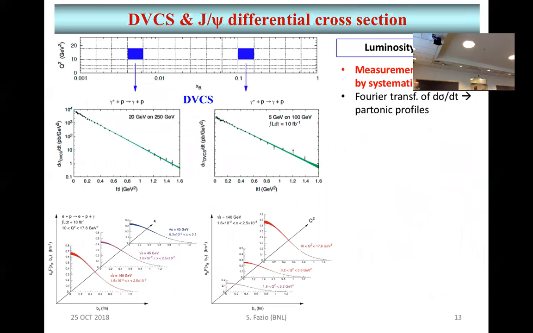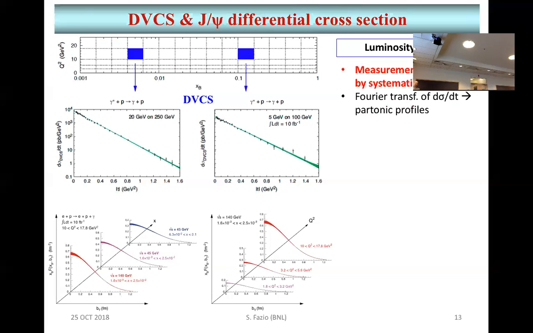But here you really see the greatness of an EIC measurement. So here are two bins, one at low x and one at larger x, Q² larger than 10. And here, these are very precise measurements that already account for systematics, and they are actually systematically dominated already for a luminosity of 10 inverse femtobarn.